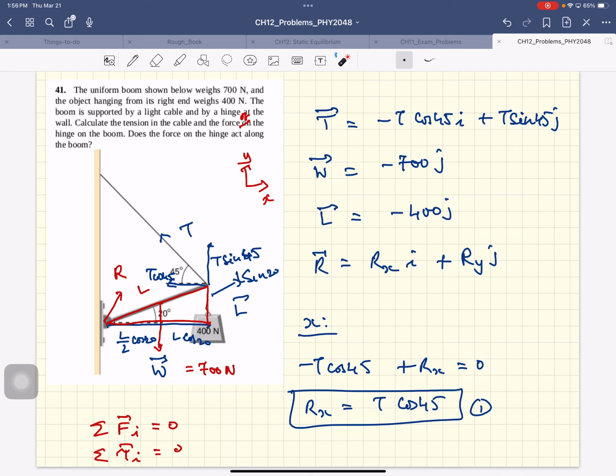How will R be eliminated? Okay, so what is the moment arm for R? The moment arm is the distance from the line of action to the axis of rotation. This guy is passing through the axis of rotation. Moment arm is 0, and the torque is 0.